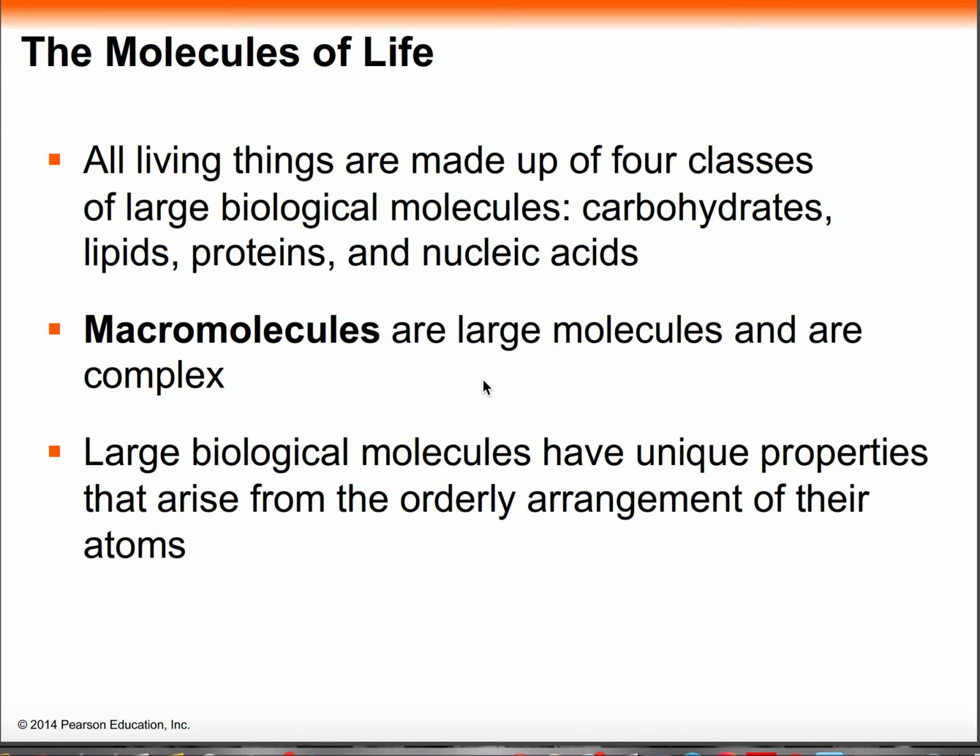Most of them are carbon and hydrogen with some oxygen, and we're going to find some nitrogen in some of our proteins. They all have very unique properties, and their atoms are arranged very orderly, but at the same time, they can be quite complicated.